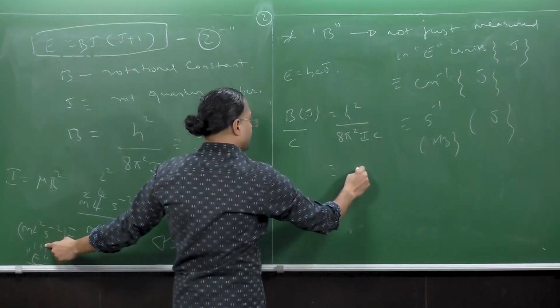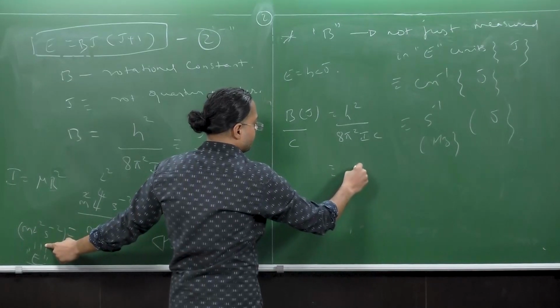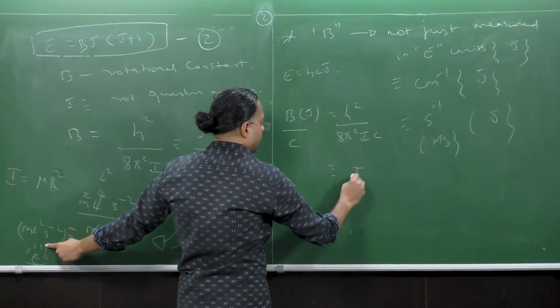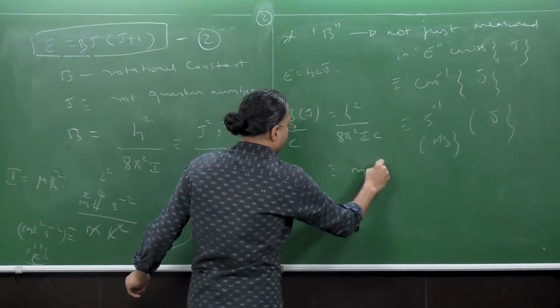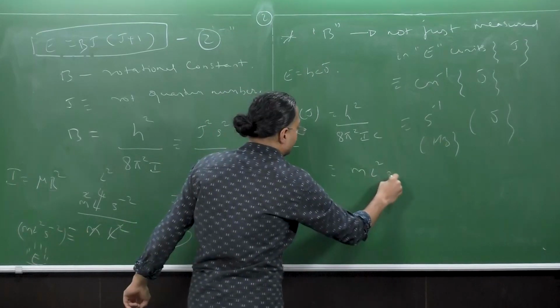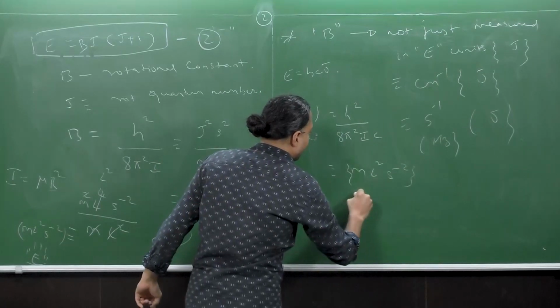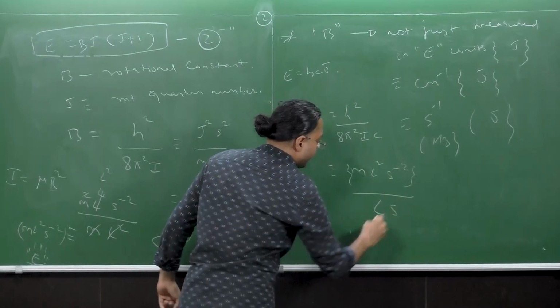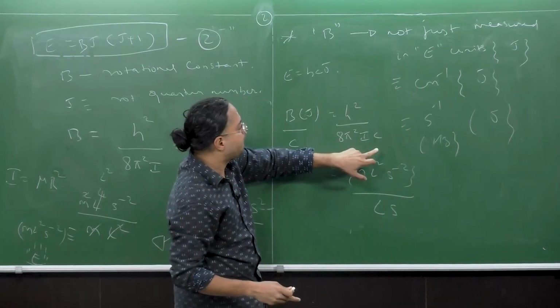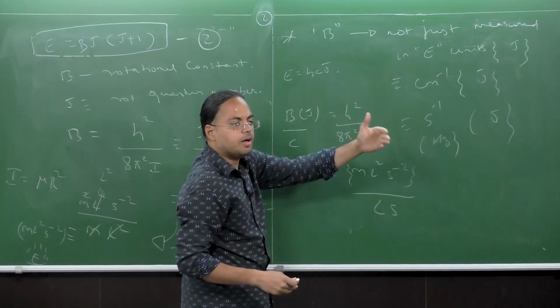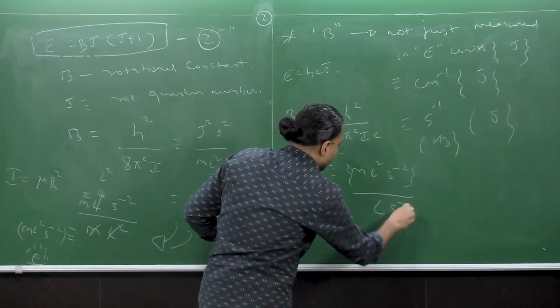it's effectively going to be, using the dimensions, m L square s to the power minus 2 divided by L s to the power minus 1, because c is velocity, which is nothing but L s to the power minus 1.